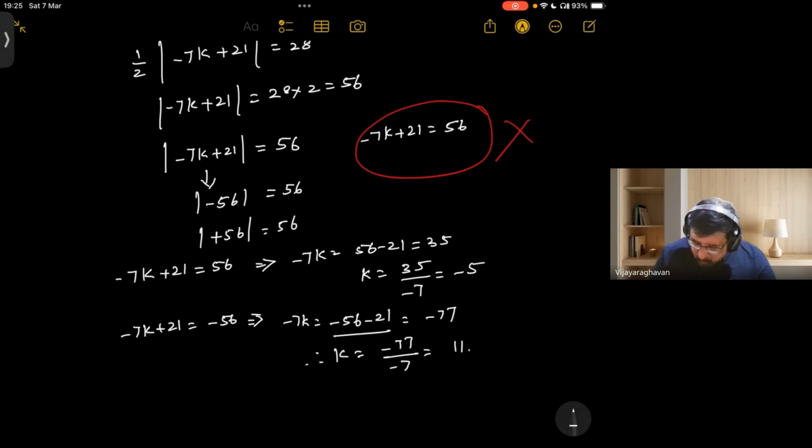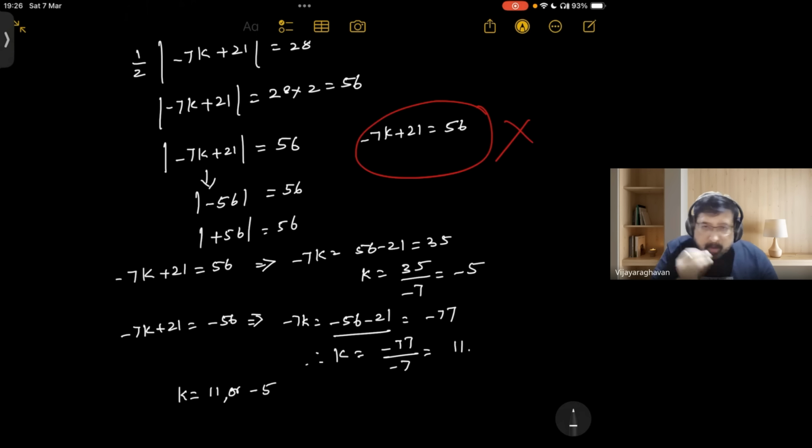So we have two values, k equals 11 or minus 5. See, if you put these values in the place of k and use the shoelace formula and calculate the area, you will exactly get 28 square units. Absolutely.